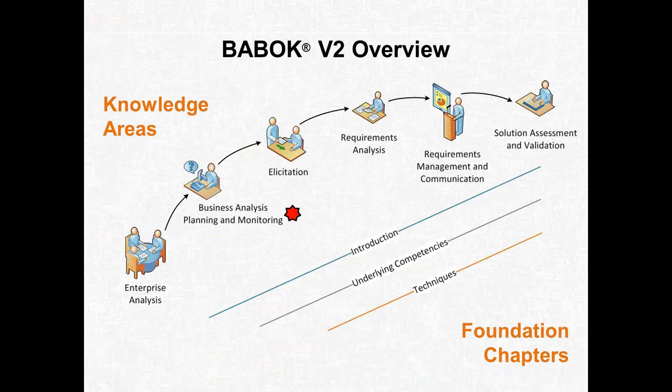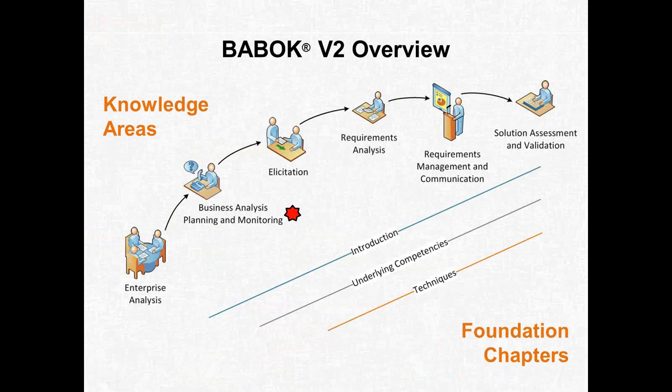But on the other hand, in requirements management and communication, the information flow is from the business analyst towards the stakeholders. Okay, this is the main direction. I'm not saying others will not communicate, but in elicitation, the information flow is towards the business analyst, and in requirements management and communication, it is from the business analyst towards the stakeholders, right?